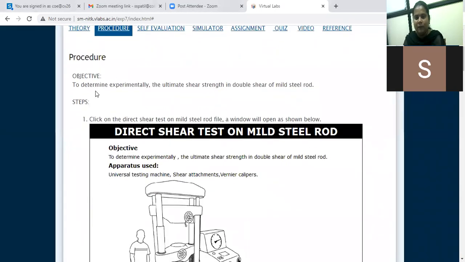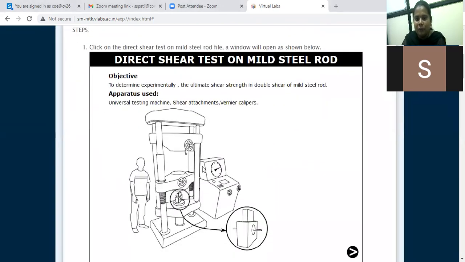The objective of our experiment is to determine experimentally the ultimate shear strength in double shear of a mild steel rod. Which apparatus are used? First, the universal testing machine.